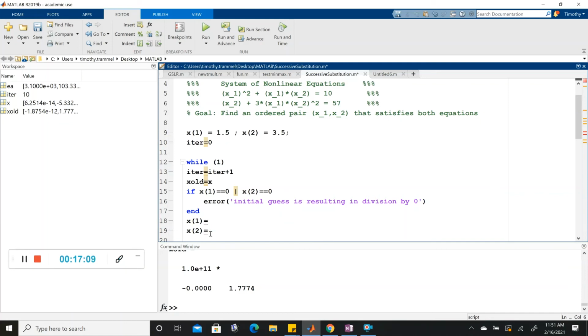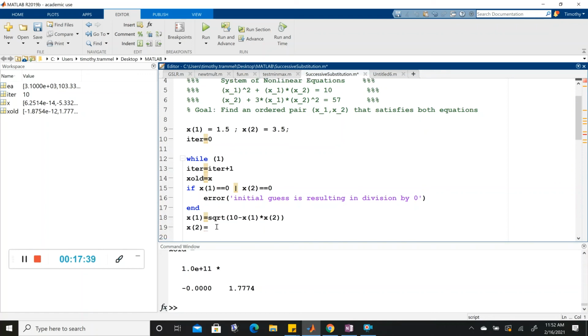So x of 1, if we're going to solve for specifically this x of 1 here, is equal to the square root of, and the question is what? That'd be 10 minus x of 1 times x of 2.